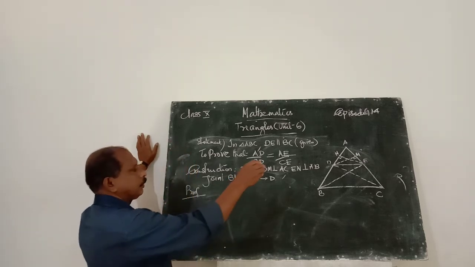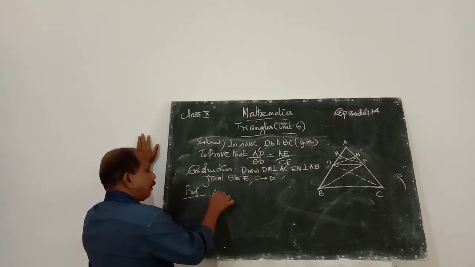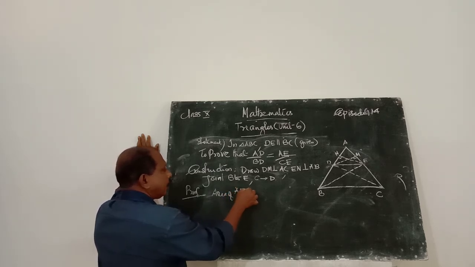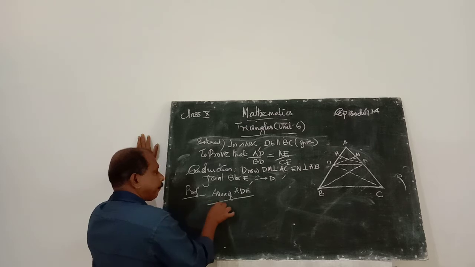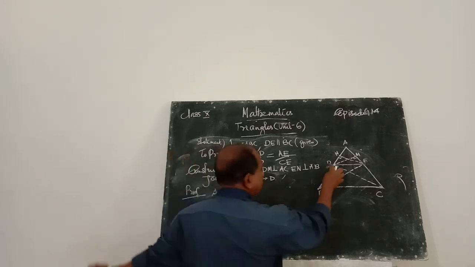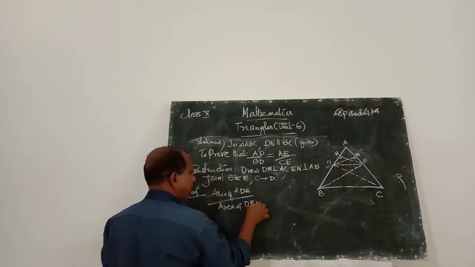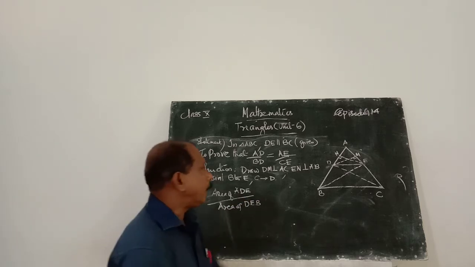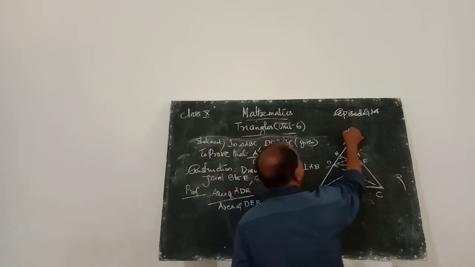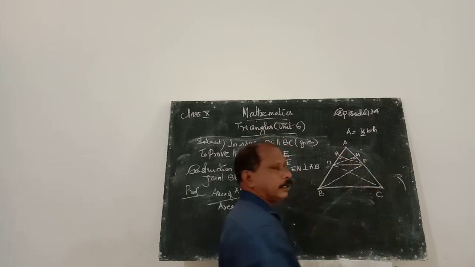That means area of ADE by area of DEB. Let us consider for that triangle, half base into altitude, that is the basic area.